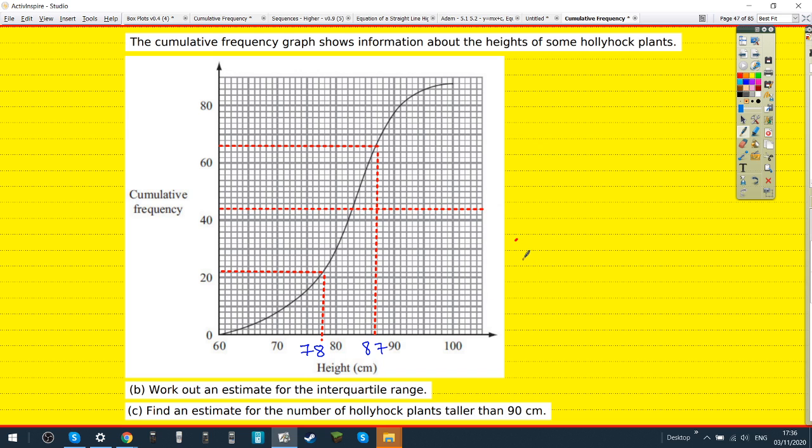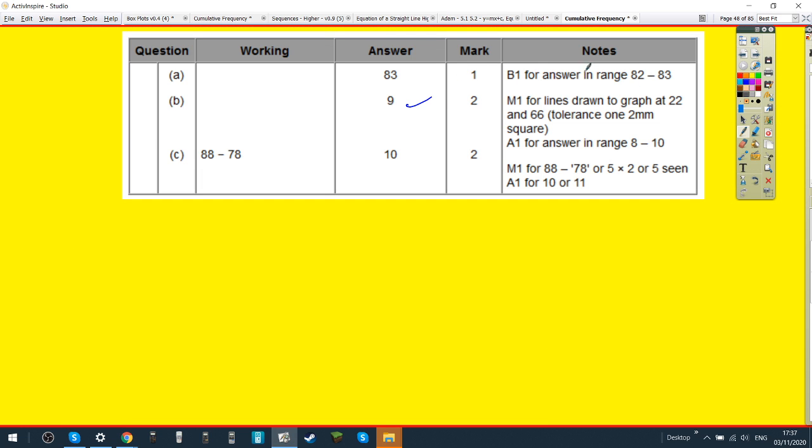So the interquartile range is 9. I think it is 9. And it is 9. Well done.